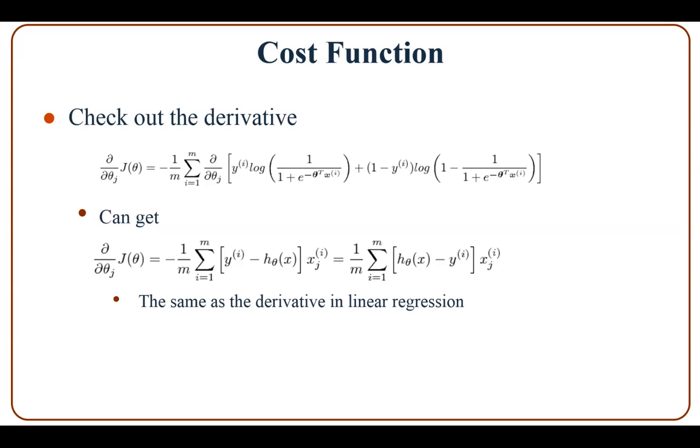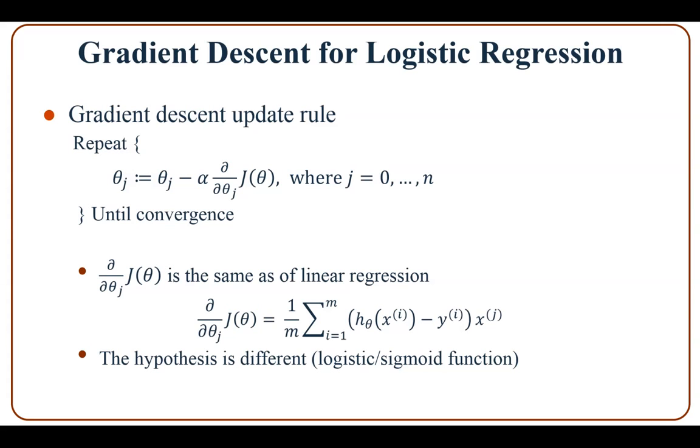If we take the derivative of the cost function with respect to the parameter theta j, after several steps we can get to this, and this is actually the same as the derivative in linear regression. So from there we get to the gradient descent for logistic regression.